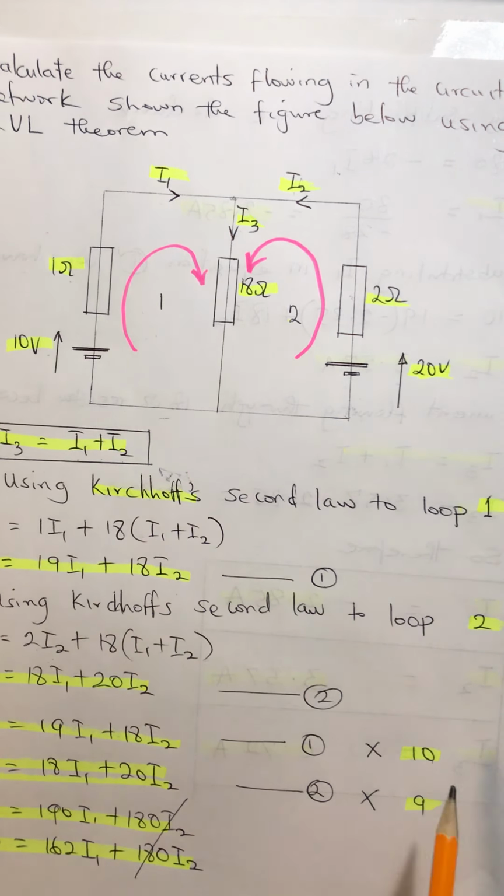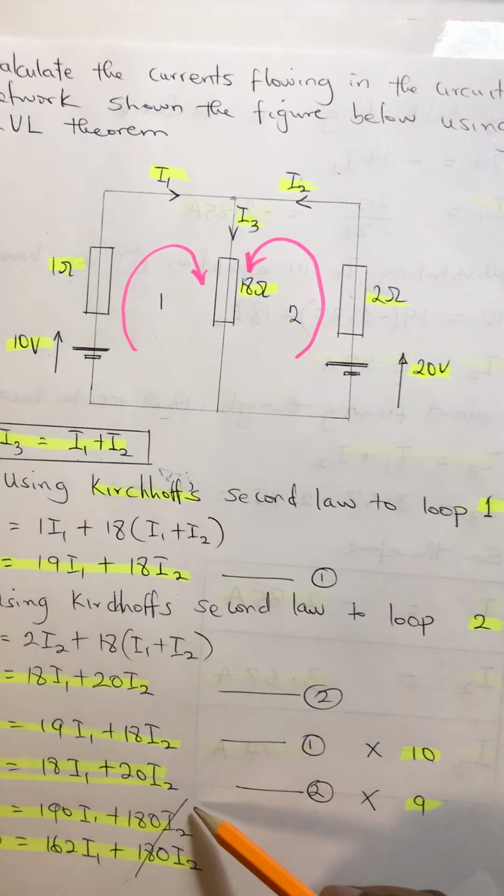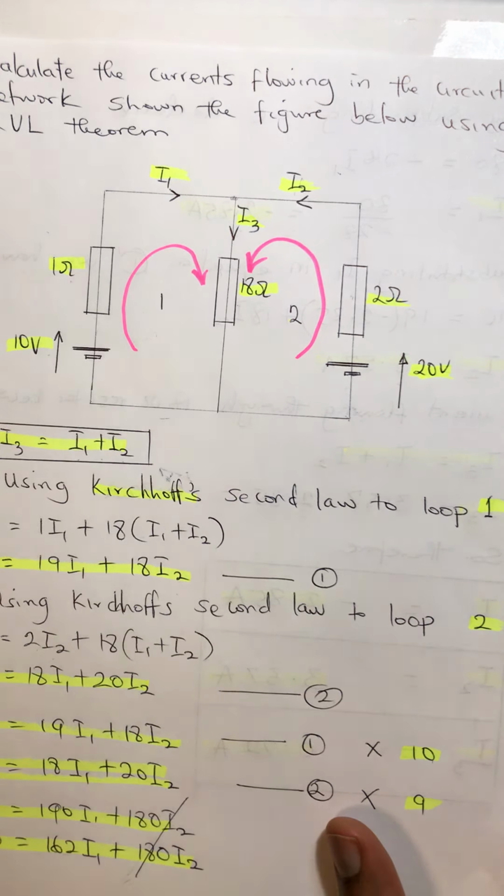By multiplying these two equations, we have 100 equals 190 I1 plus 180 I2. Then 180 equals 162 I1 plus 180 I2. Now we cancel this by subtraction, so we can find our I1 by eliminating the I2 term.